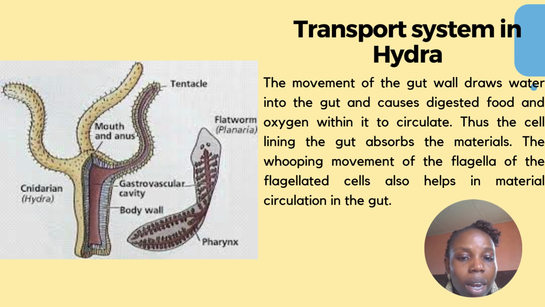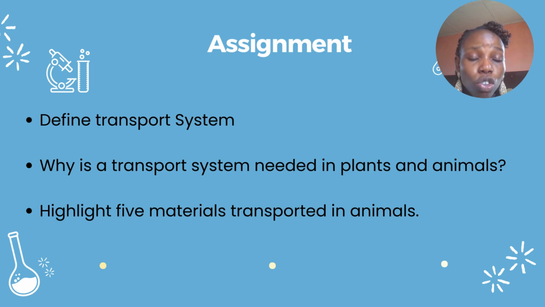Thus, the cells lining the gut absorb the materials. Then the warping movement of the flagella of the flagellated cells also helps in material circulation in the gut. So that's how transportation works in lower organisms.